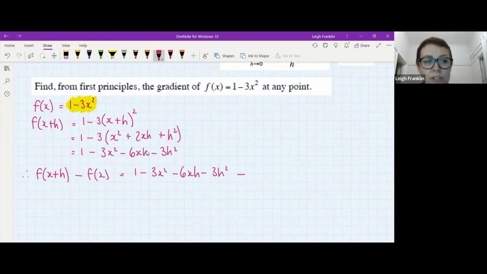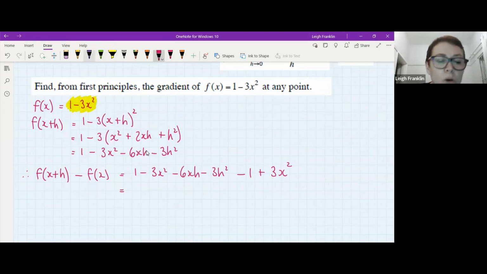So 1 is going to become a negative, and 3 is going to become a positive. Does everybody understand what I've done there? Yes, ma'am. Sure. It just saves you another line of writing.